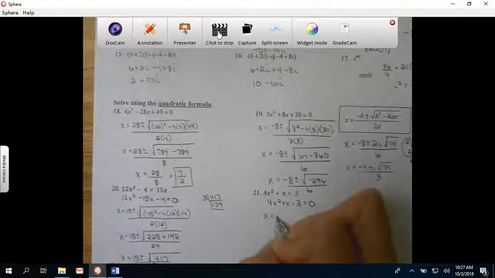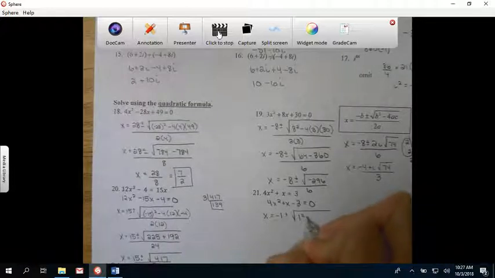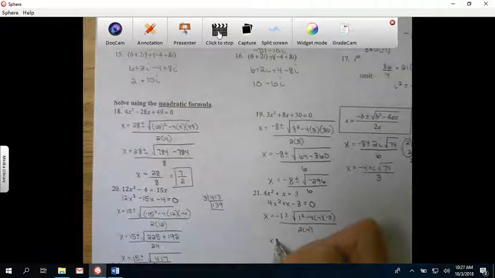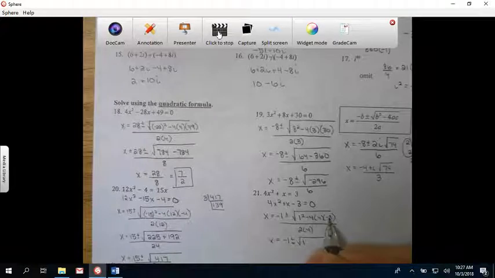So let's come over here. So x equals negative b plus or minus the square root of b squared minus 4ac, and then all of that divided by 2a. So negative 1 plus or minus the square root of 1. And again, I have a negative and a negative, so when I multiply this, it's actually going to become a positive.